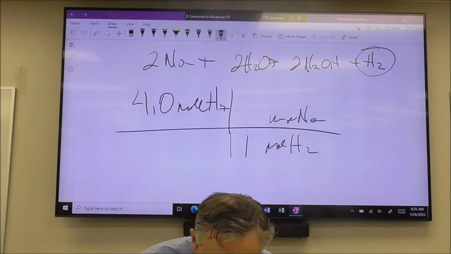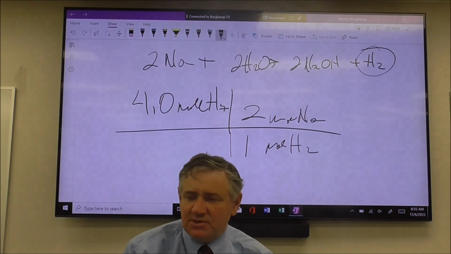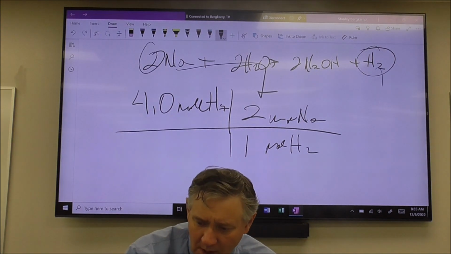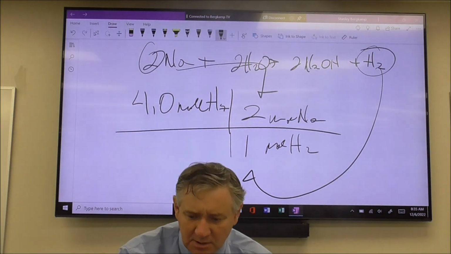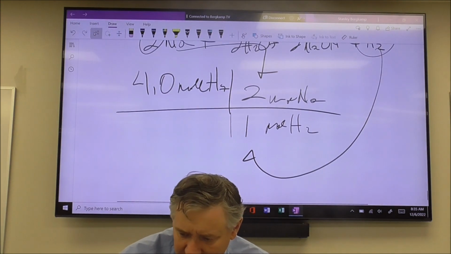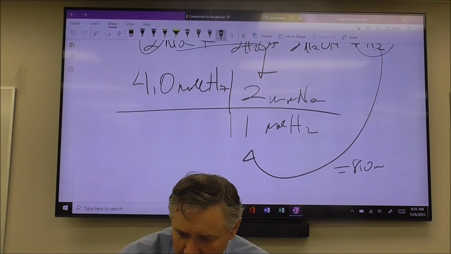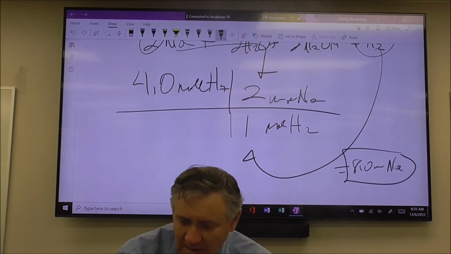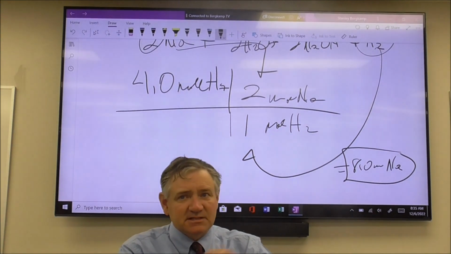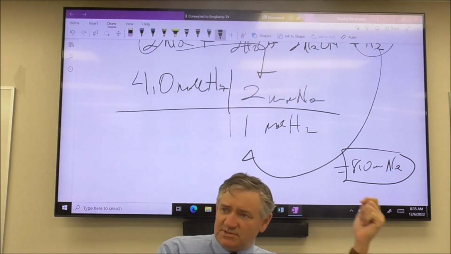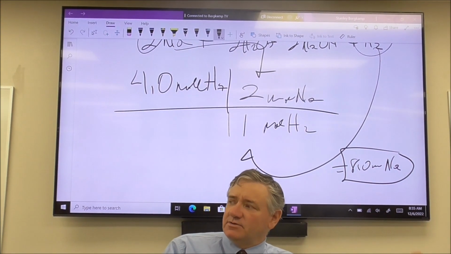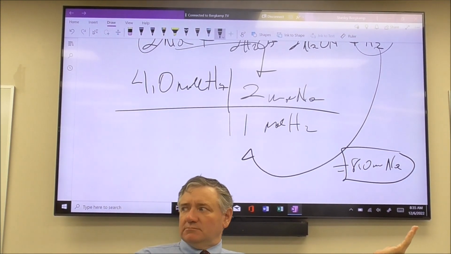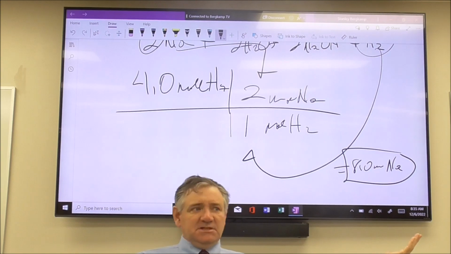In front of the sodium, there's a 2. So I take this 2, put that there, and the 1 there. I multiply 4 by 2, check my math, and I get 8 moles of sodium. What that means is that I need twice the moles of sodium as I do of hydrogen, because there's a 2-to-1 ratio. That's all you have to have.